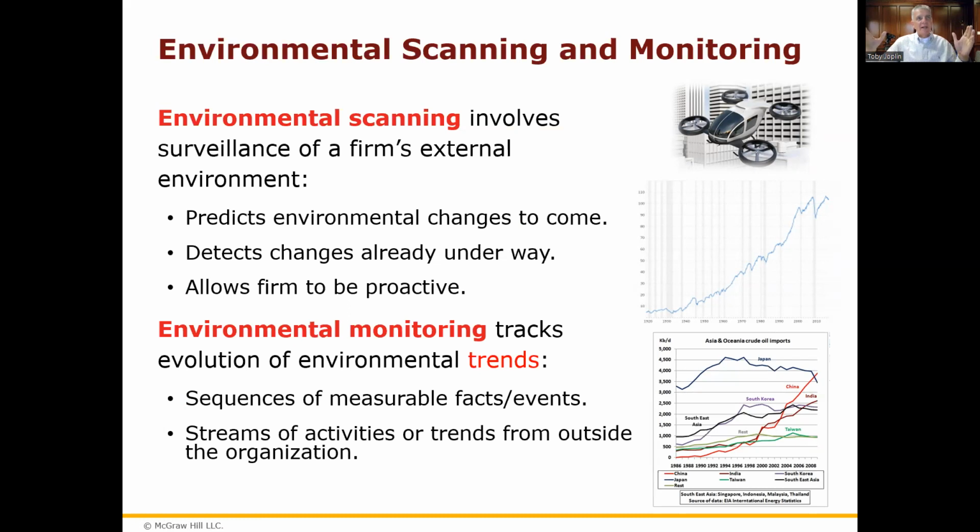Where environmental scanning is like a still photo, environmental monitoring is like looking at a video to see not just how things are today, but what the trend is over the past few years or a decade, and what does that mean for the future. So an example of environmental scanning would be, we could look at the prime rate as of the day that I'm recording this video is 8.5%.